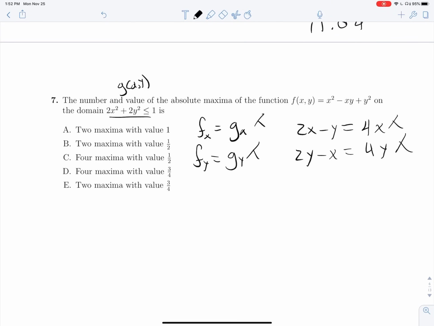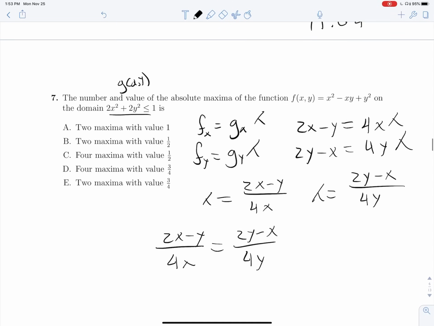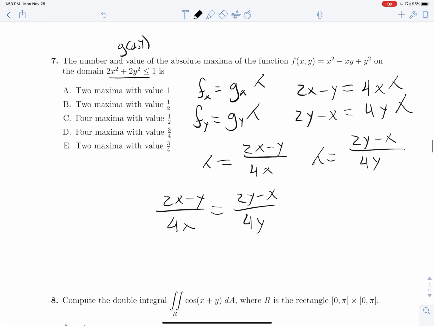So now let's divide out some things. We will get lambda is equal to (2x minus y) over 4x, and lambda is equal to (2y minus x) over 4y. We can set these equal to each other. (2x minus y) over 4x is equal to (2y minus x) over 4y. Okay, let's multiply everything out.